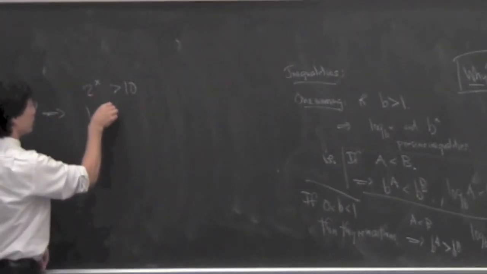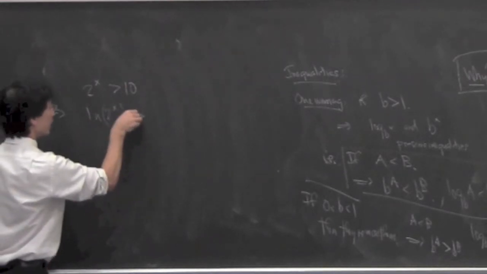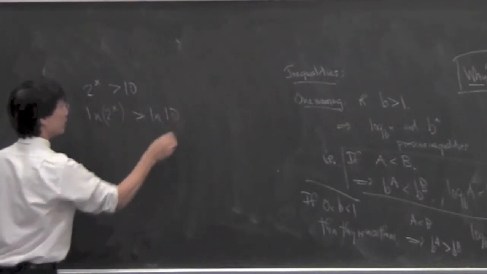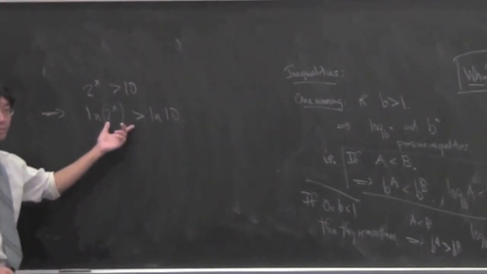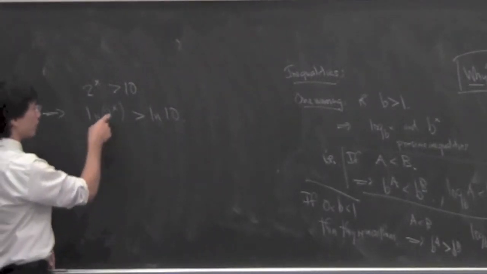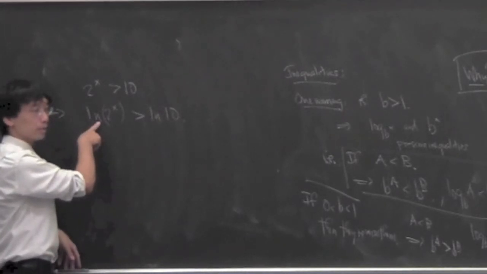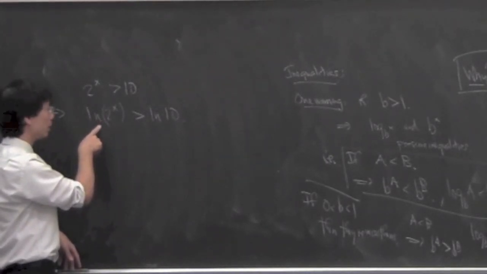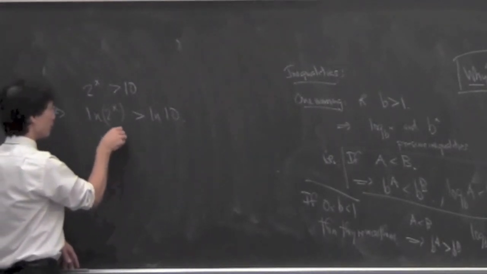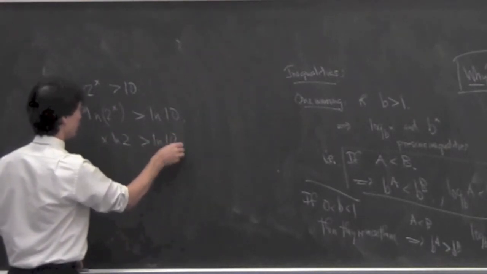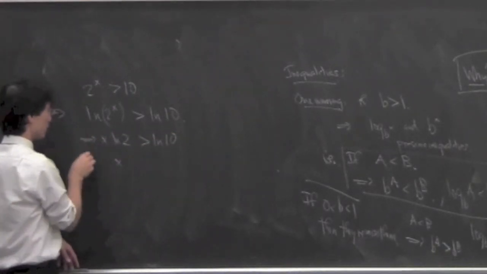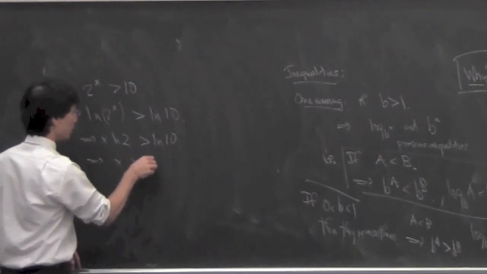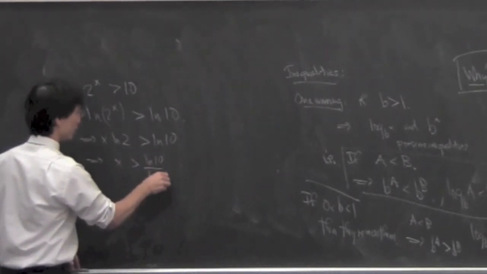Natural log of 2 to the x is then bigger than natural log of 10, because the base that we're using here is e, which is bigger than 1. And so we get x natural log of 2 is bigger than natural log of 10. And so x must be bigger than natural log of 10 over natural log of 2.